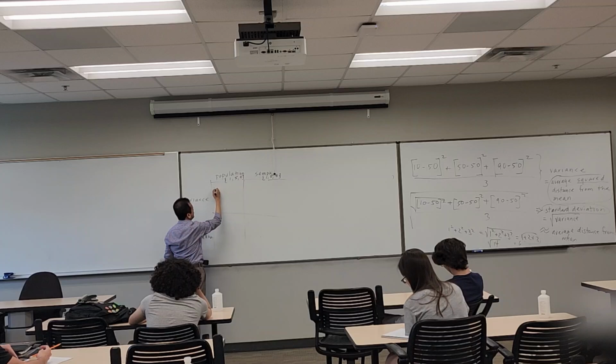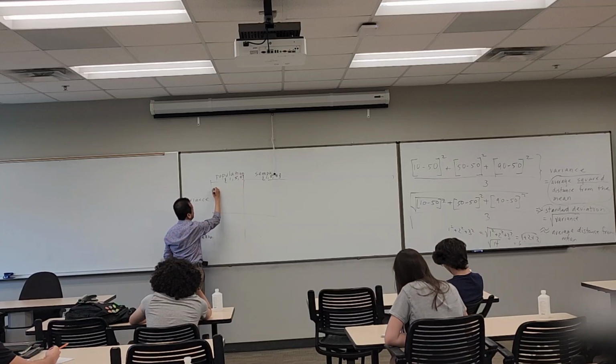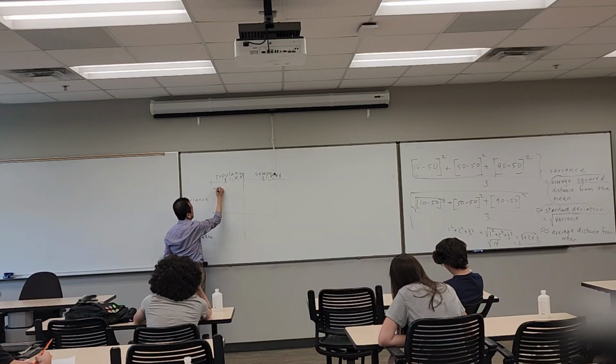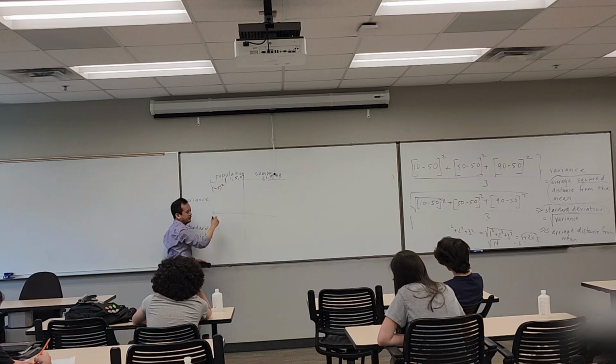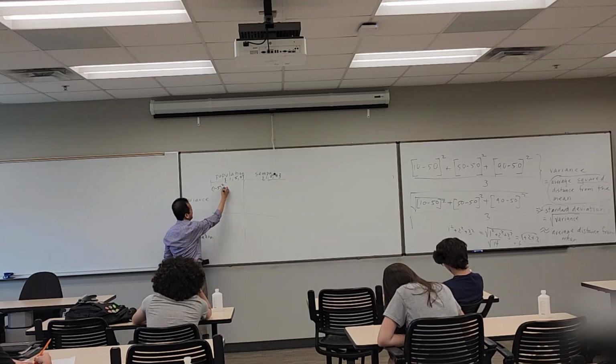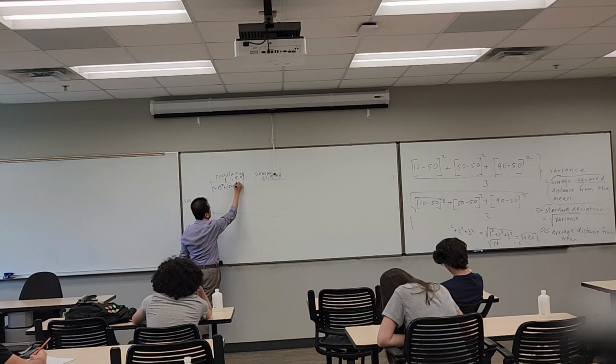So this is the first number minus the mean squared. We're trying to find the average square distance. So we're taking each number, subtracting the mean and squaring it.